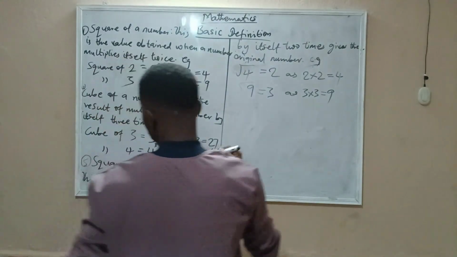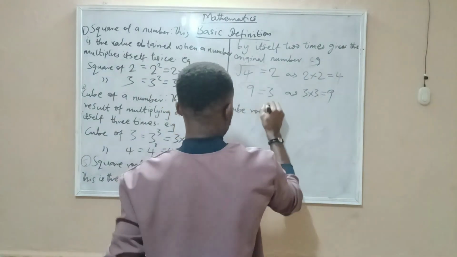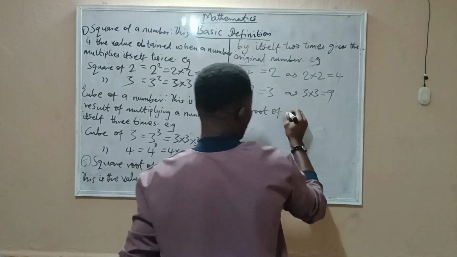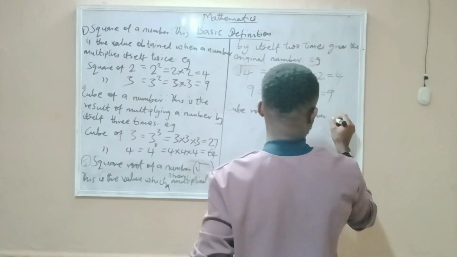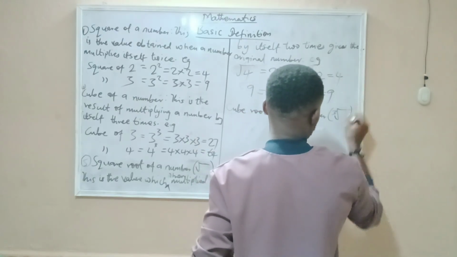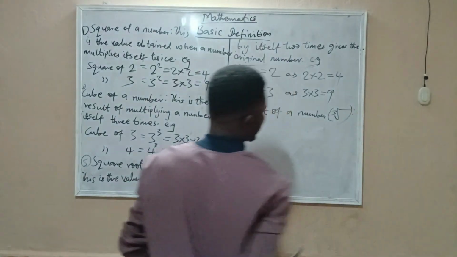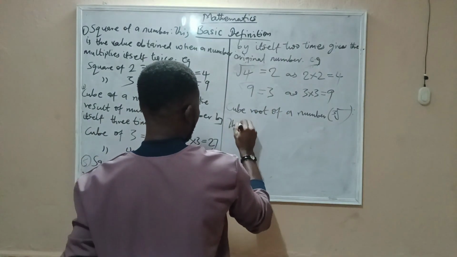And another one is cube root of a number, which can be denoted with the cube root sign.